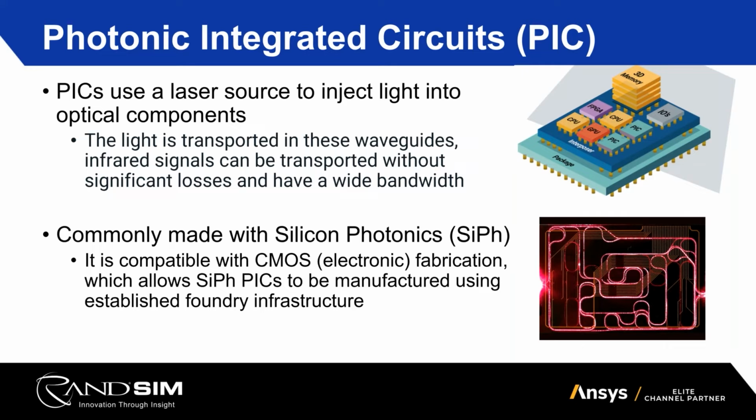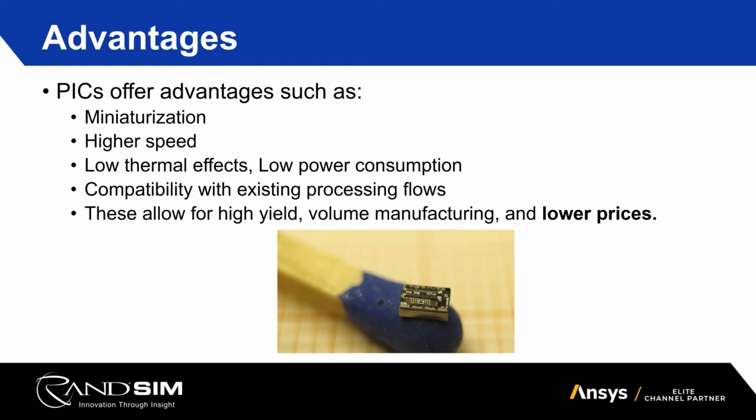Because we use silicon photonics because it's very compatible with the CMOS fabrication, and a lot of these PICs using silicon photonics can be manufactured within the same foundry structure as the integrated circuitry that we were talking about before. It should be mentioned though that we are still seeing indium phosphide and silicon nitride being widely used as well. I was just keeping it a little bit simple here with just talking about silicon photonics.